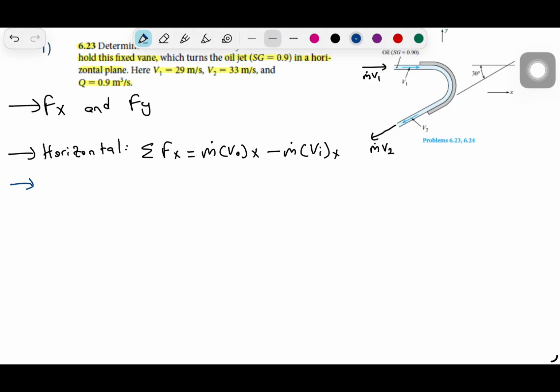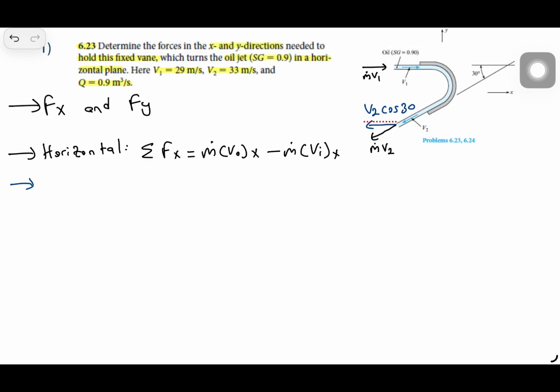First we will start with out, and since we need to find the x direction, we will have the horizontal component of this velocity. So it will be v2 cosine 30.